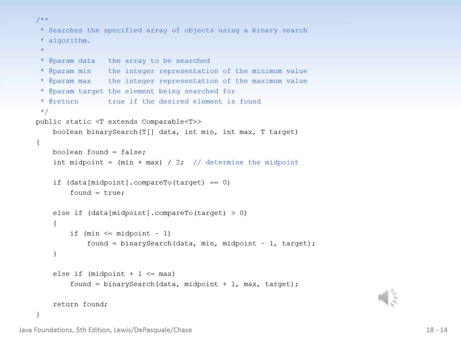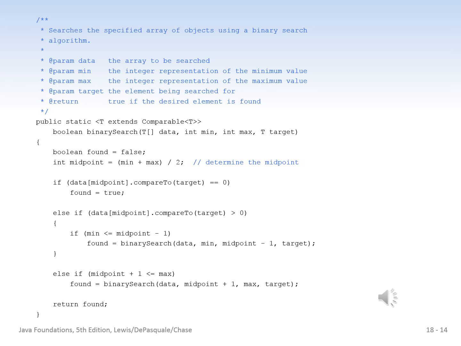Then if data midpoint dot compareTo target is equivalent to 0, we found it. Else, if data midpoint dot compareTo target is greater than 0, then if the min is less than or equal to midpoint minus 1, found equals, and we call binarySearch data, min, midpoint minus 1, target.